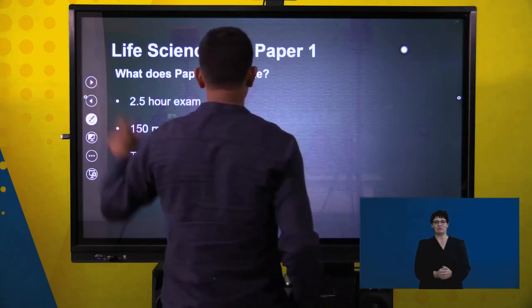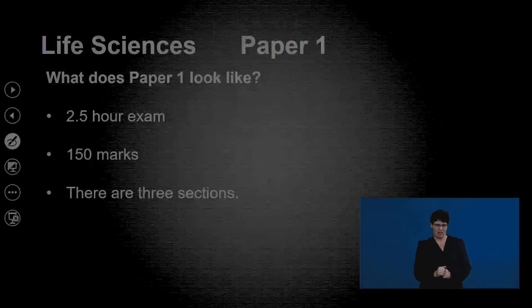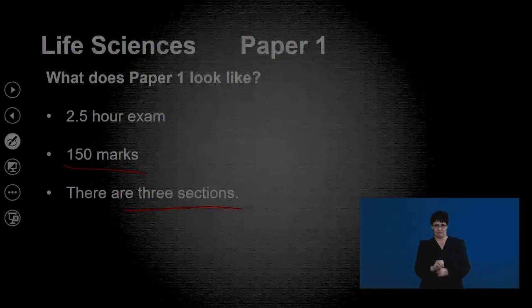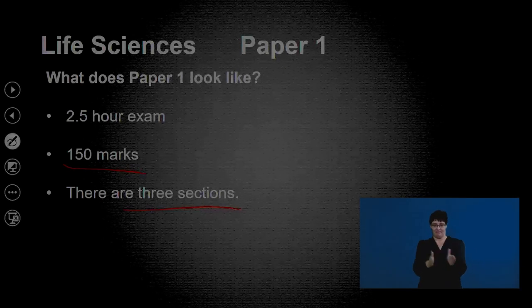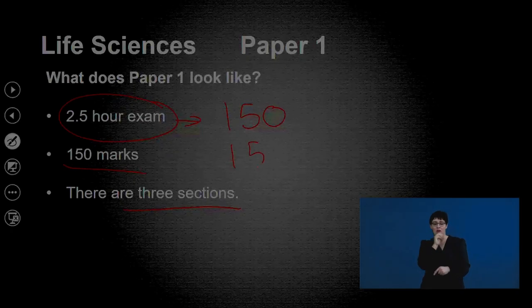When we look at Life Sciences Paper 1, we know that this is a 2.5-hour exam. It is 150 marks, and there are 3 sections. If you break that up, that's 150 minutes to complete 150 marks.